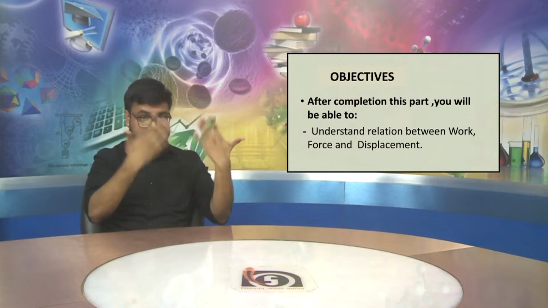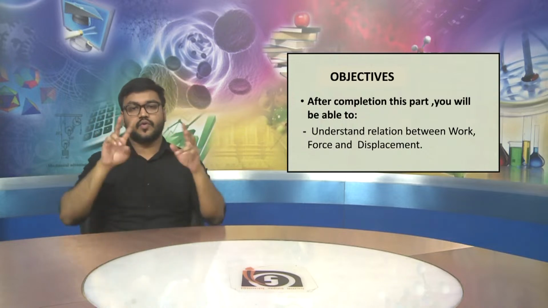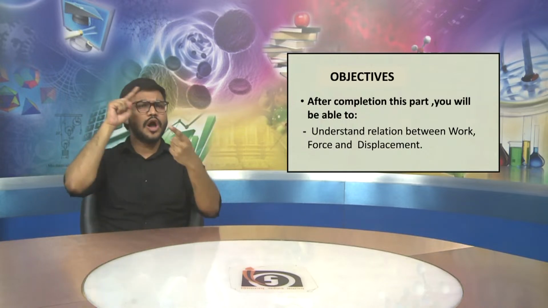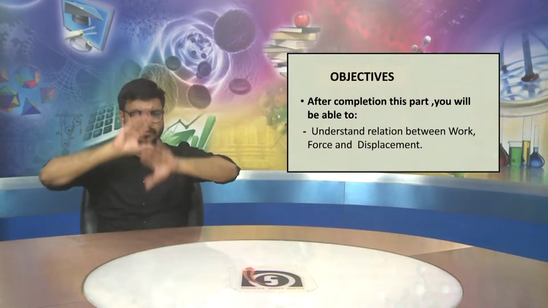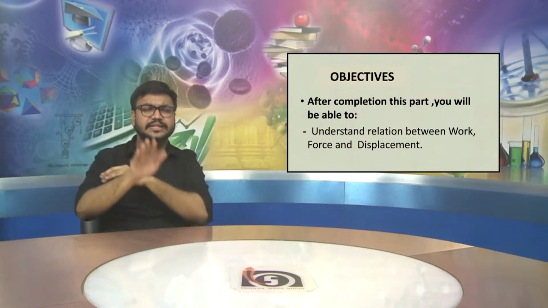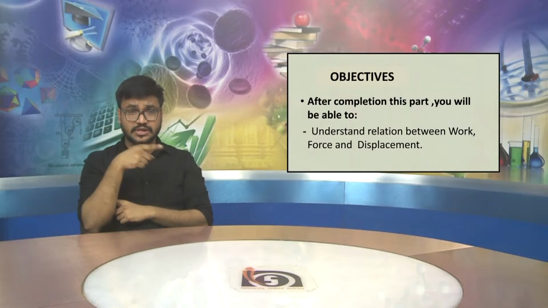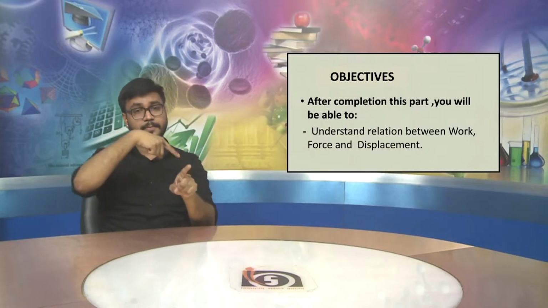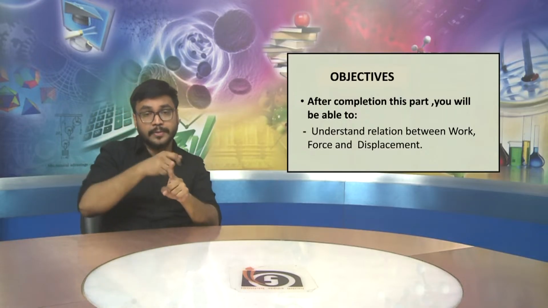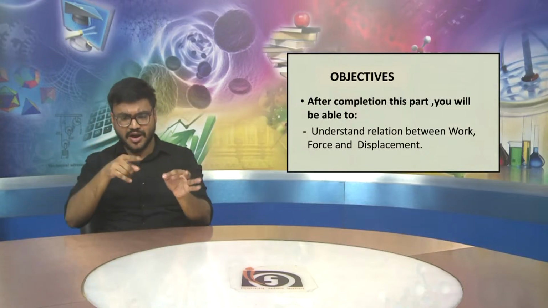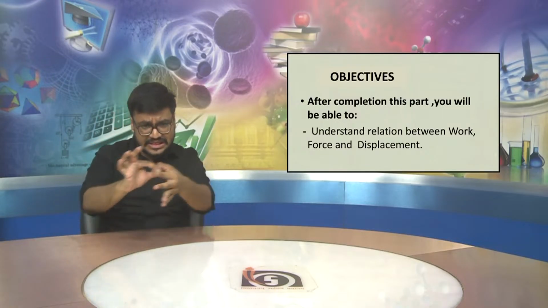Now we have completed our difficult words, so let's begin our part 2. Its objectives are: in this part you will be able to understand the relation between work, force and displacement.